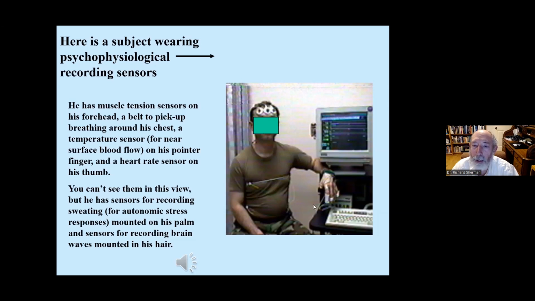Here we're recording somebody's skin temperature. We're just picking up from an electrical thermometer that's attached to the finger. If your fingers are cold, that lets all kinds of problems start, like migraine headaches.